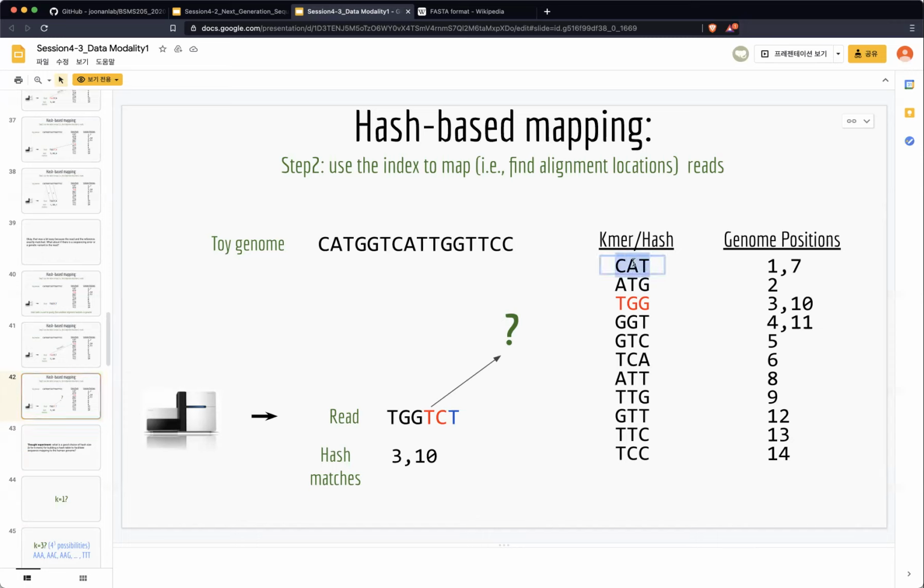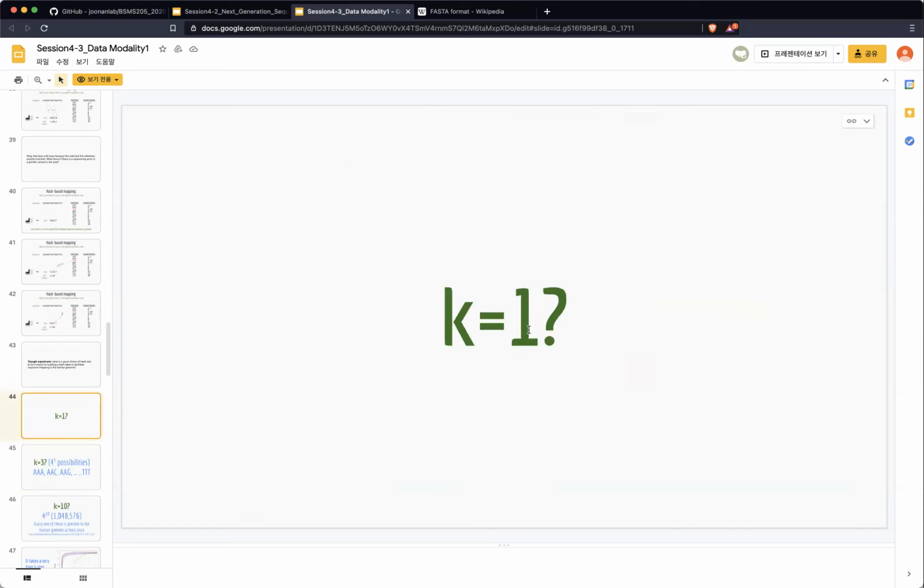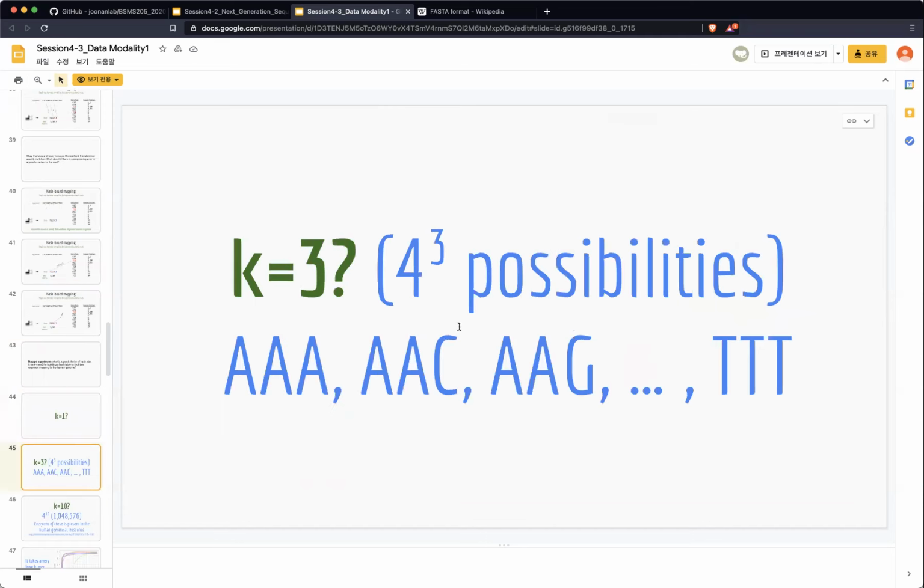So the way we can try is we can use 1 character, but it's never gonna finish, right? And you can use 3, so that has to be ATGC is the 4 possibility to the power of 3, right? So we have about 4 to the 3 possibilities from the DNA sequence information.